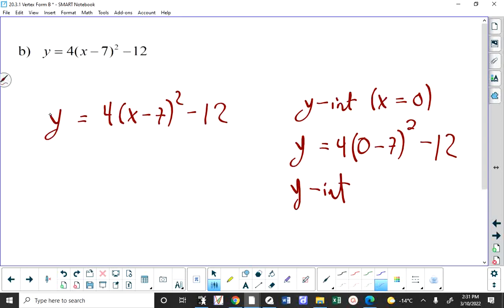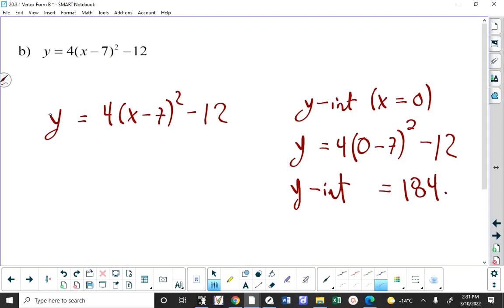I want to say 184. Okay, so -7 quantity squared will be 49. Positive 49 times the 4 gives me 196 minus 12. By my count is 184.